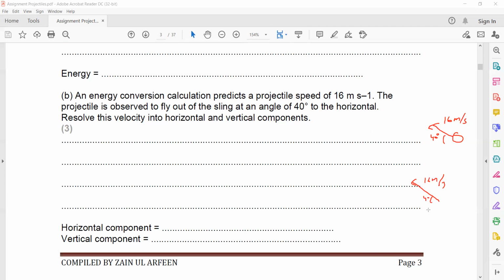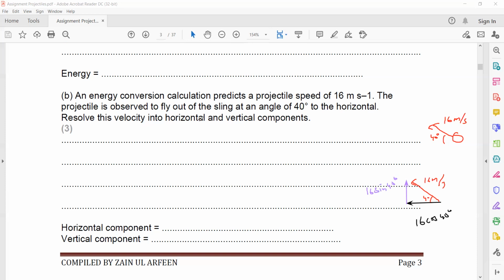The component which is with the angle will be 16 cos 40, and the component which is against the angle is 16 sine 40.